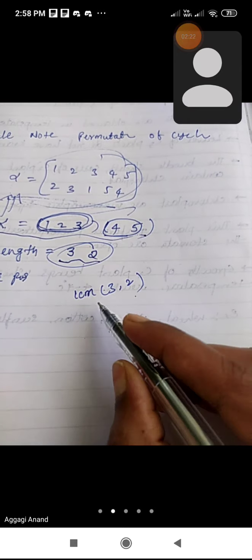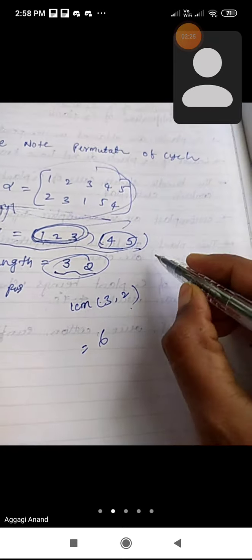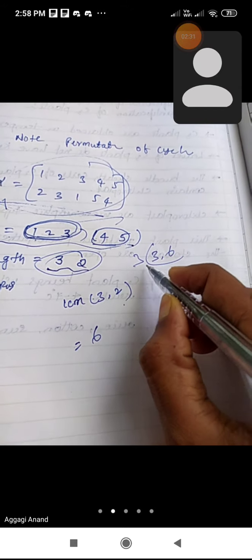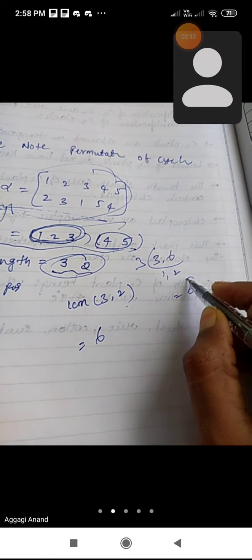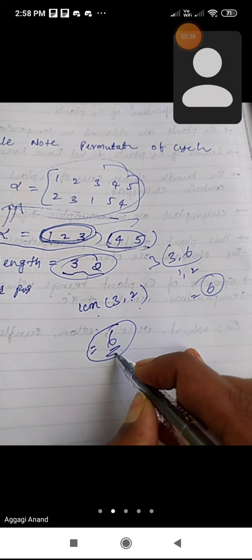What is the LCM of 3 and 2? The least common multiple is nothing but 6. Suppose 3 and 6, what is the least common multiple? 6. So the least common multiple of 3 and 2 is nothing but 6.